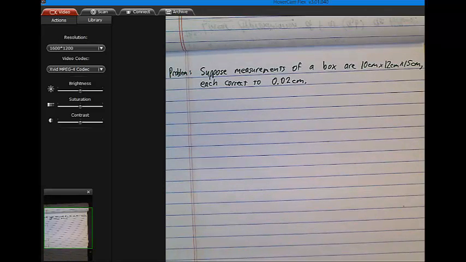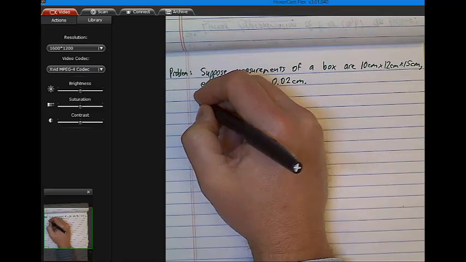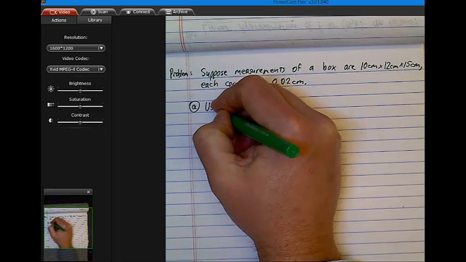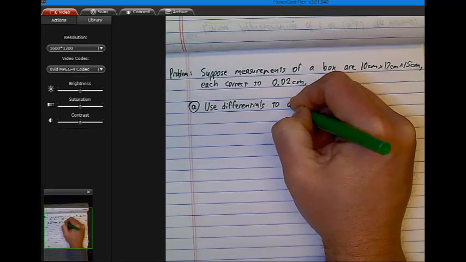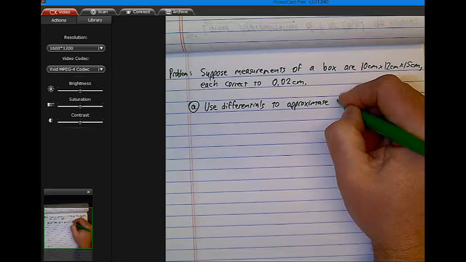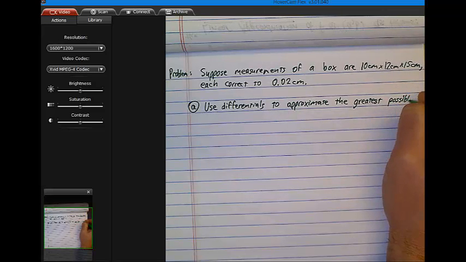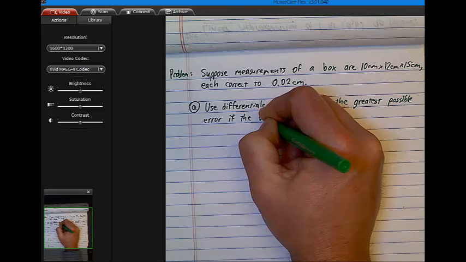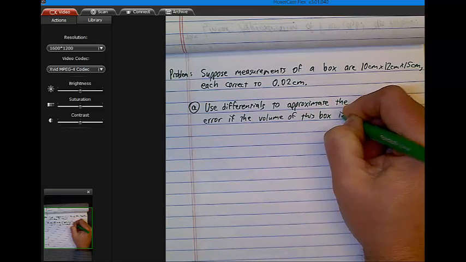Okay, so here's the problem. Part A, use differentials to approximate the greatest possible error if the volume of this box is computed from these measurements.